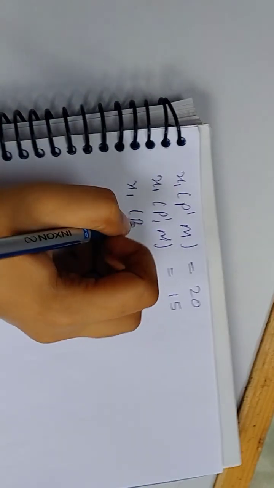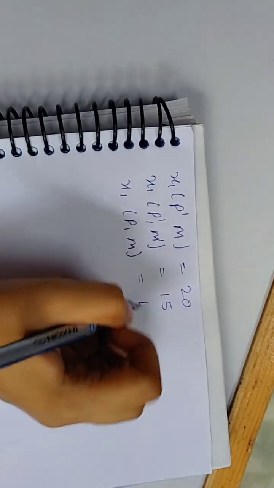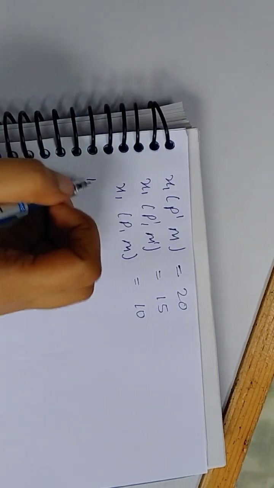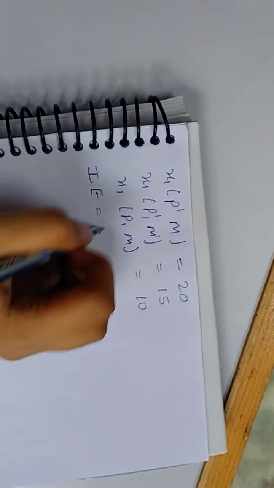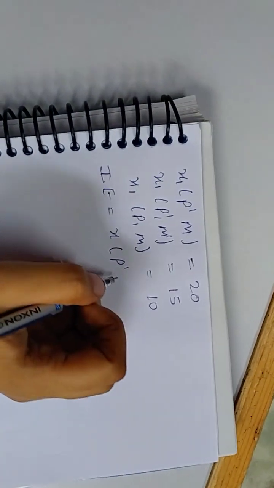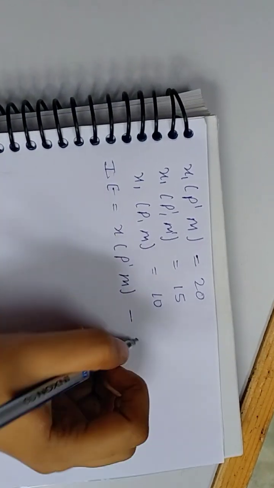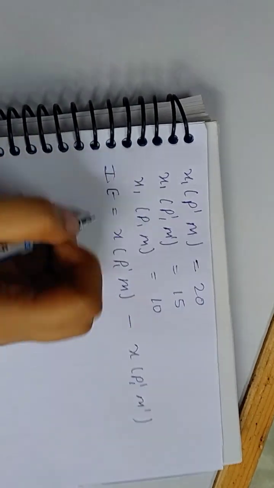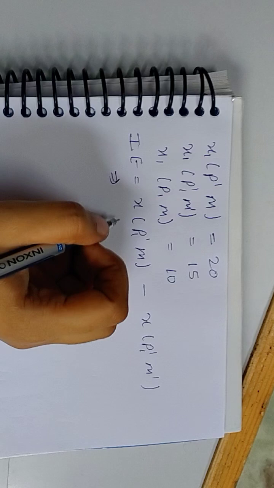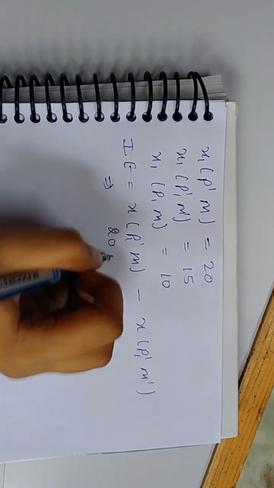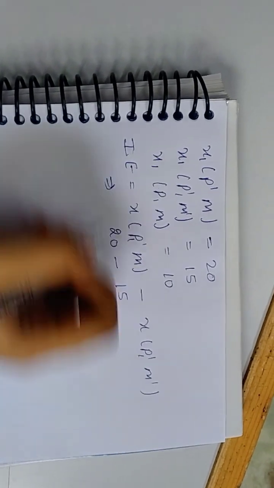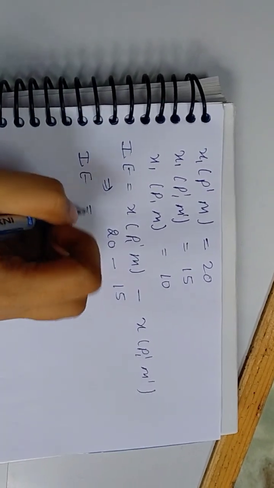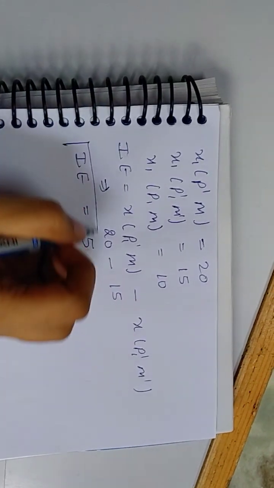So income effect would be x(p1 dash, m) minus x(p1 dash, m dash), therefore 20 minus 15, income effect would be 5.